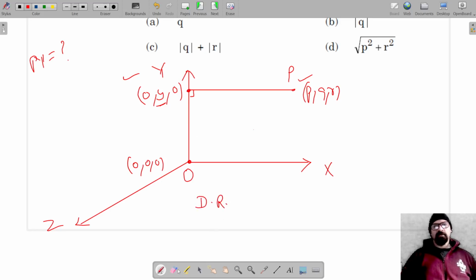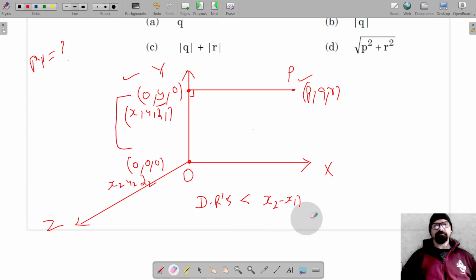Now, if we have to find the direction ratios of the y-axis, this is x2, y2, z2, and this is x1, y1, z1. We know that if a line passes through 2 points, then the direction ratios are of the form x2 minus x1, y2 minus y1, and z2 minus z1.